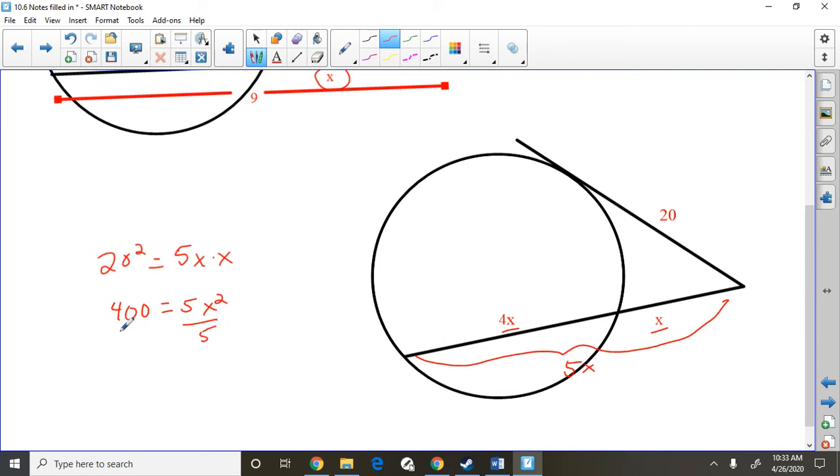I need to divide both sides by 5 first, which gives me 80 equals x squared. And then I'm going to take the square root of both sides. In this case, x is a length, so that x has to be positive. So x is the square root of 80. 80 is 16 times 5, so this is 4 square root of 5. We like those exact answers where we don't have to round.